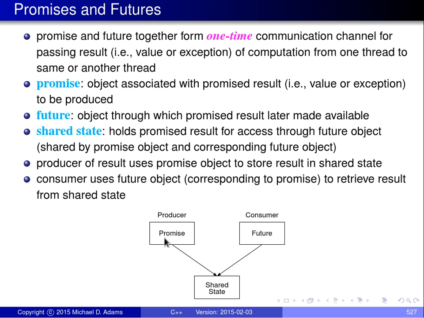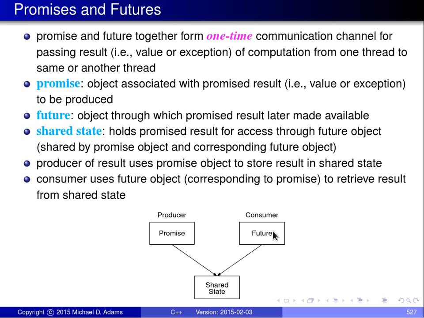The promise object is the thing that the producer thread writes the result into. So the producer thread computes some result, writes the result into the promise, but underneath what actually happens when the producer thread writes the result into the promise is it actually gets written into the shared state, which is referenced by the promise. And then the consumer thread, at some point later, tries to get the result that's been written into the shared state.